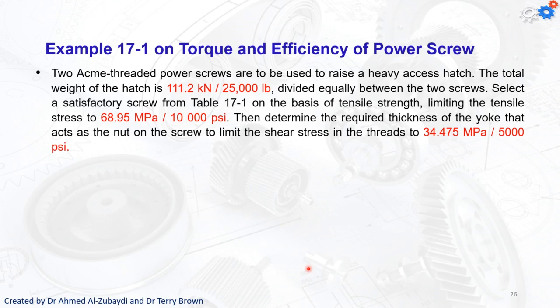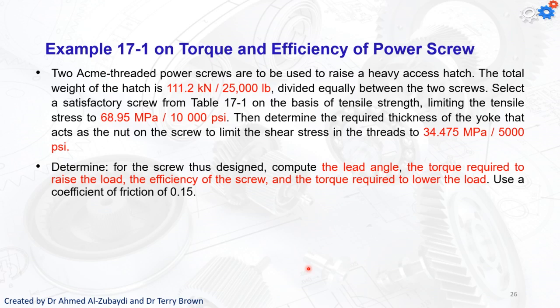Select the satisfactory screws from Table 17.1 on the basis of tensile strength, limiting the tensile stress to 68.95 megapascal, or 10,000 psi. Then determine the required thickness of the yoke that acts as the nut on the screw to limit the shear stress in the threads to 34.475 megapascal, or 5,000 psi.